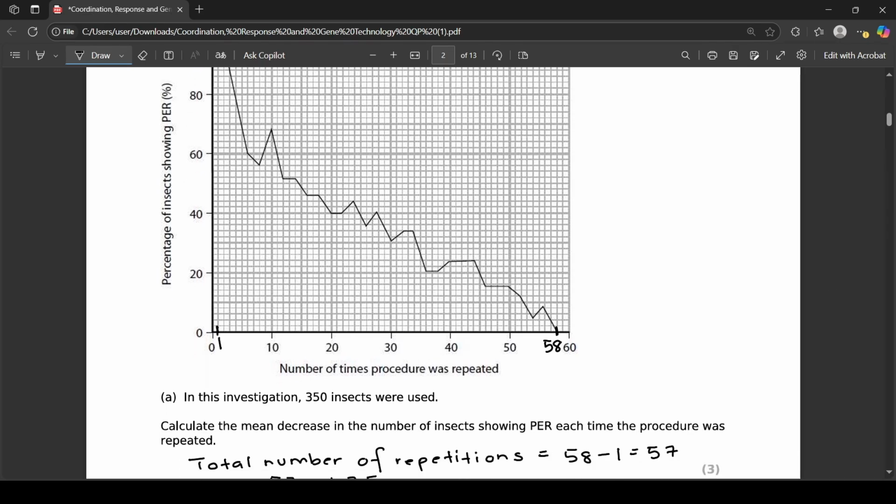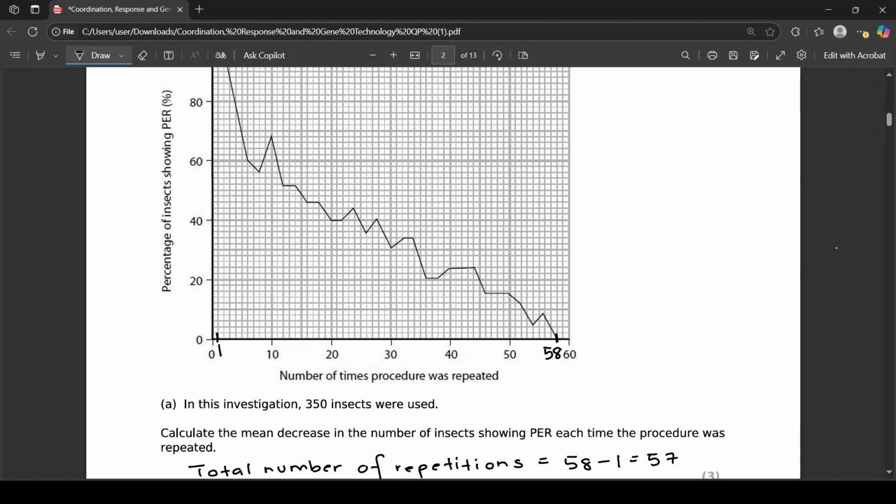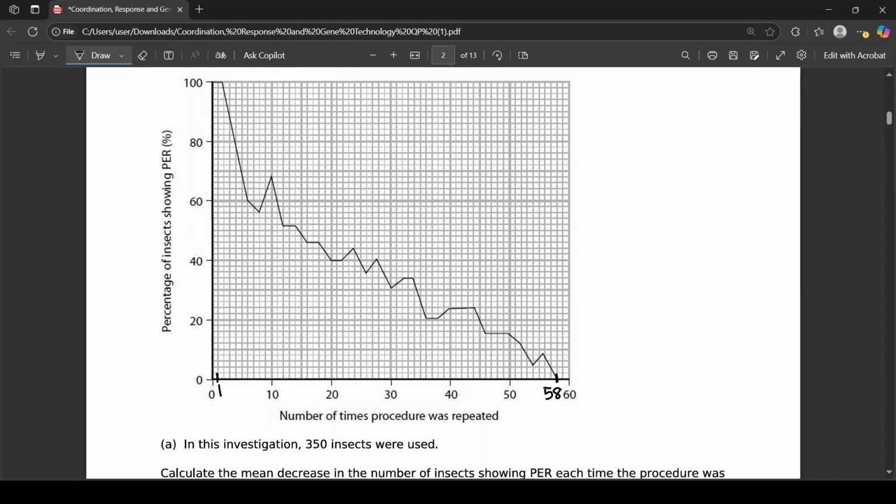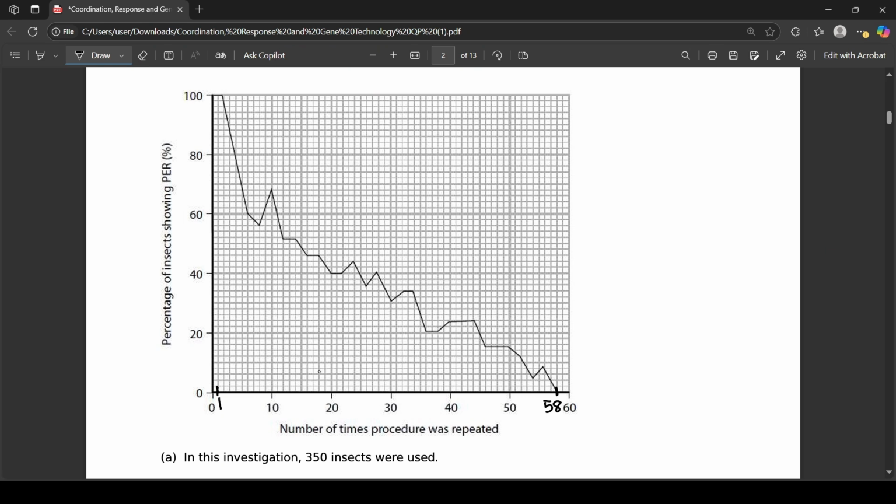So it's basic percentage drop math, and what happened is that at the beginning of the trial, almost 100% of the insects showed PER, right? Almost 100% of the insects showed the response. Then what happened at the end?